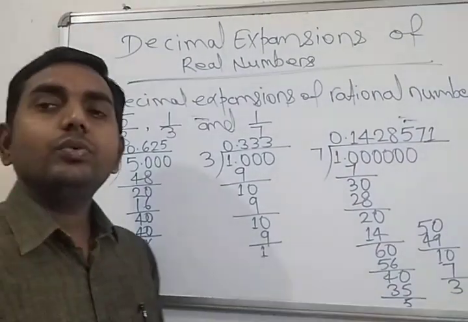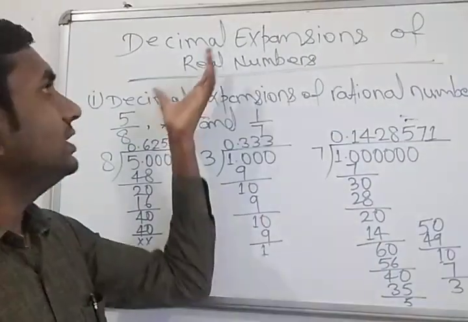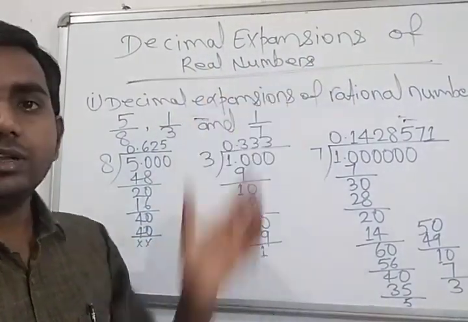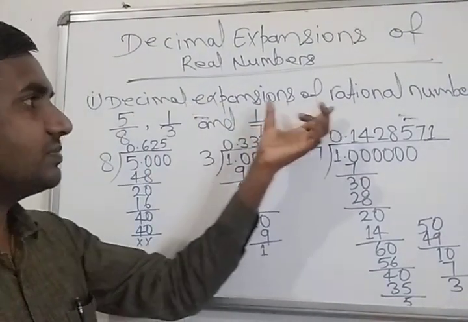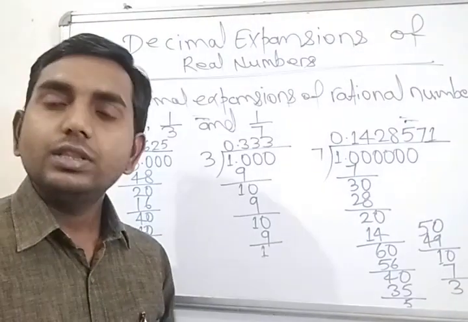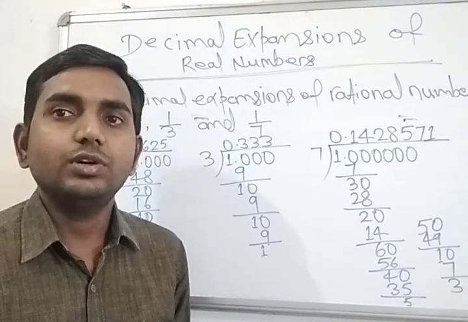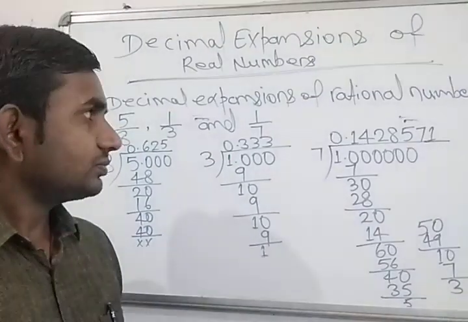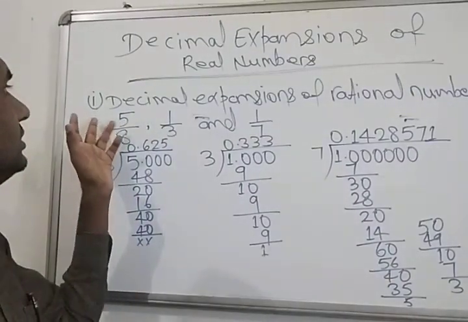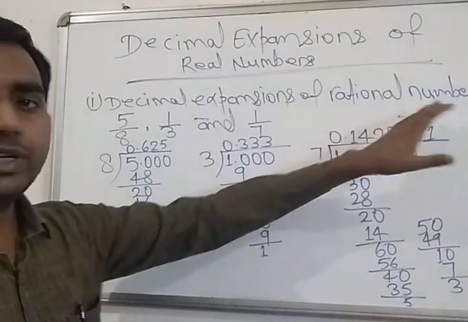So here we are going to study the decimal expansion of real numbers. First, the decimal expansion of rational numbers, then we study the decimal expansion of irrational numbers. Okay, now let's start.